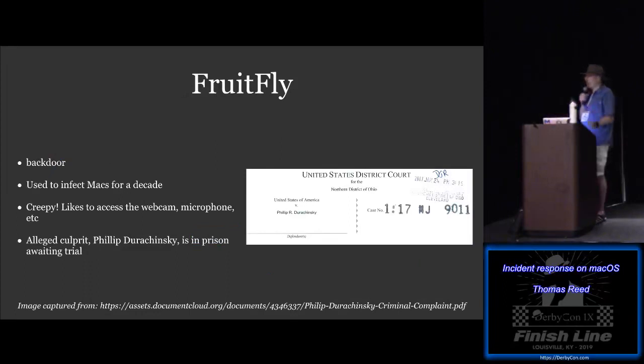So the last one we're going to look at, it's not as recent, but it's interesting because it's still an ongoing case. Fruitfly was a general purpose backdoor that was used to infect Macs for over a decade before it was discovered. It was very, very creepy. The guy was using it to record people through the webcam and through the microphone.